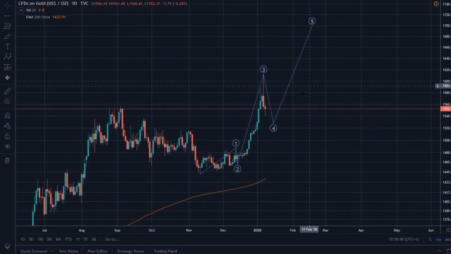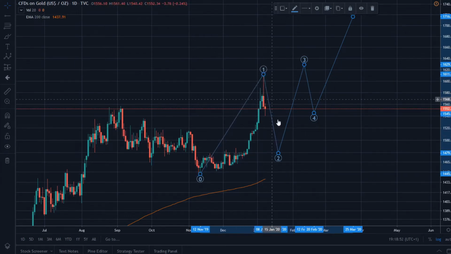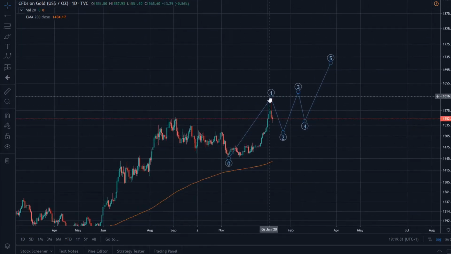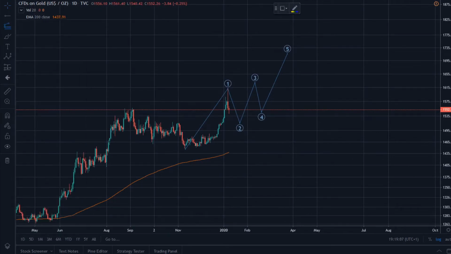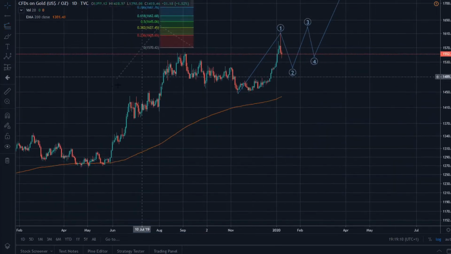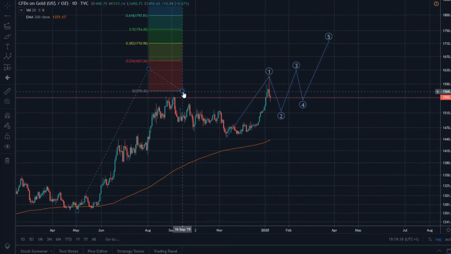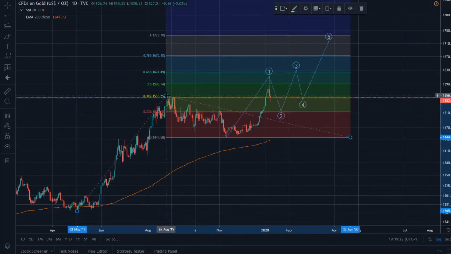Then again, we have a second scenario, being that all of this 1, 2, 3, 4, 5 is one move, and just the first move of a very, very strong impulsive move that follows. The targets for this, if we use extensions, if this is a 1, 2 move: so this move started down here basically, and this was the low so far, and this was the high.